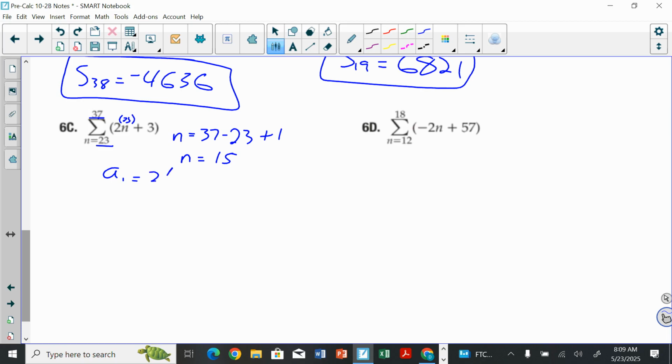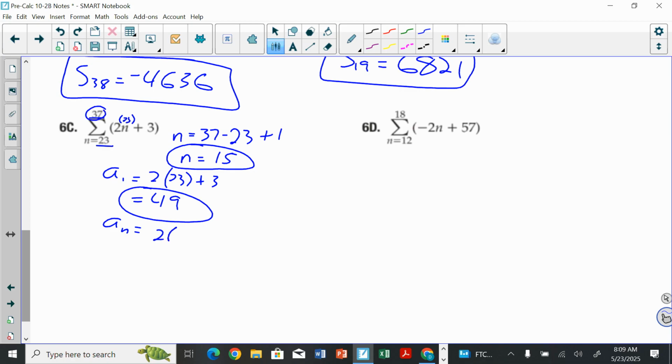So a1 would be 2 times 23 plus 3, which is going to be 49. So I already have n equals 15. I've got a1 is 49. And then I just have to think about what an is. The nth term is 37, so I'm going to go 2 times 37 plus 3, which gives me 77.